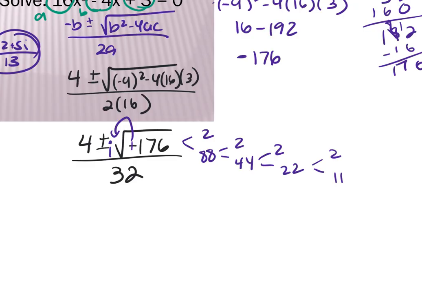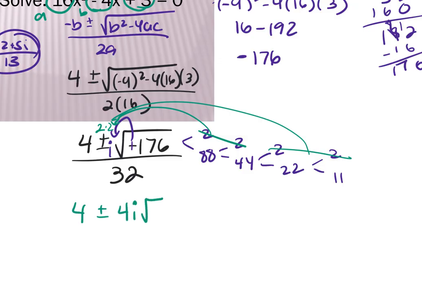And then for each pair of numbers, one of those numbers goes to the outside. So this 2 brings a 2 to the outside, and this pair of 2s also brings a 2 to the outside. So I've got 4 plus and minus 2 times i, so 4i times the square root of 11, because 11 didn't have a pair, over 32.